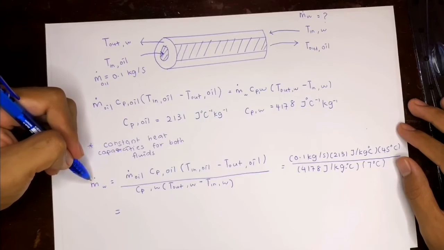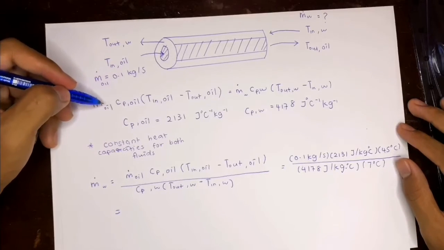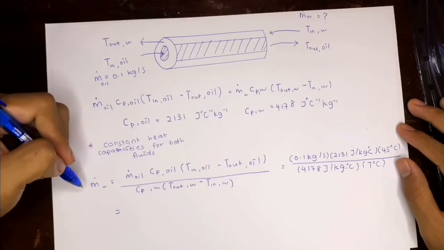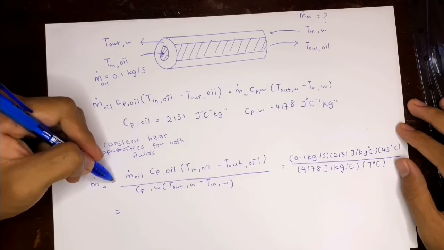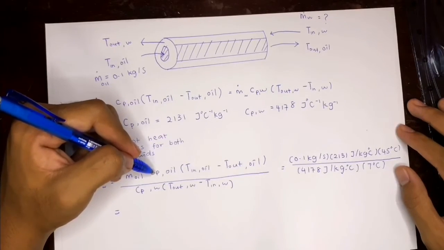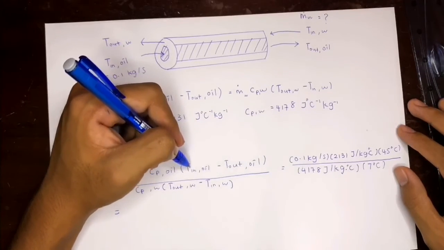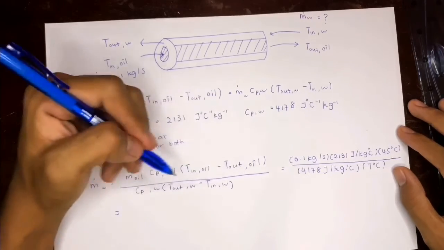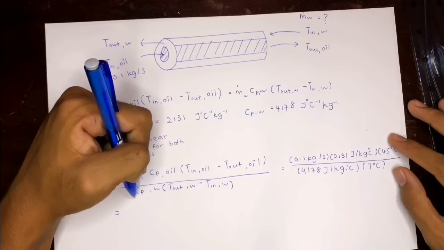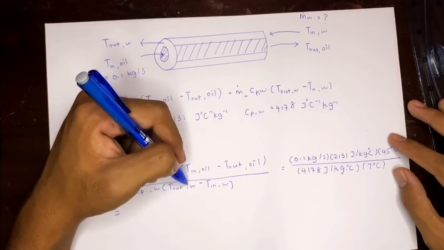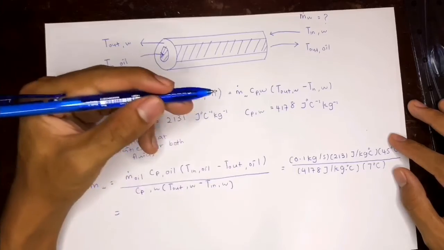Next kita akan pindahkan, dan kita akan dapat mass flow rate for water equals to mass flow rate for oil times heat capacity for oil times temperature in for oil minus temperature out for oil, divided by heat capacity for water times temperature out for water minus temperature in for water.